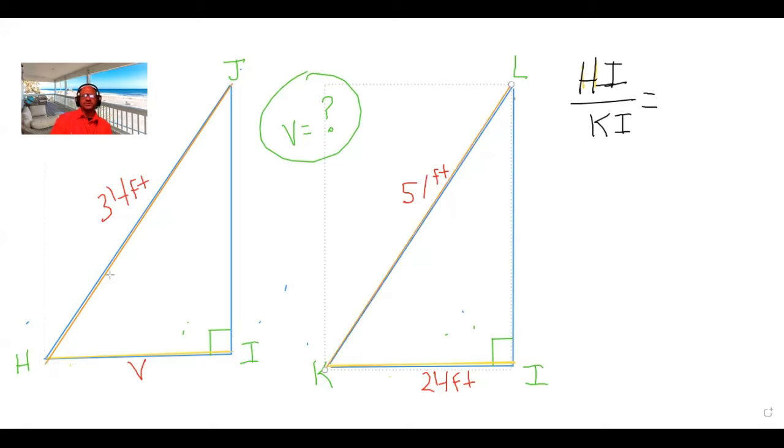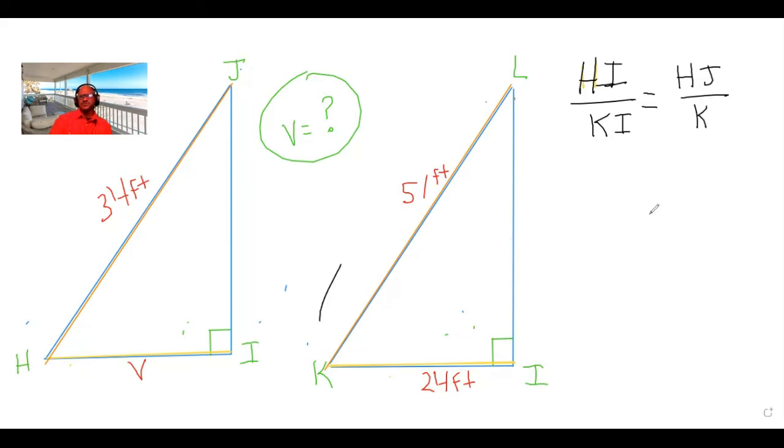So we said that HJ corresponds to KL, right? This is KL. Same thing, right? Same thing.